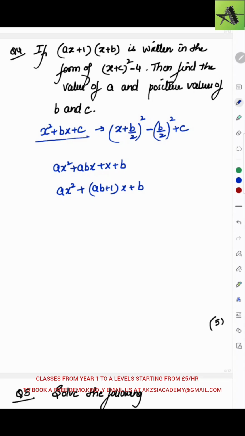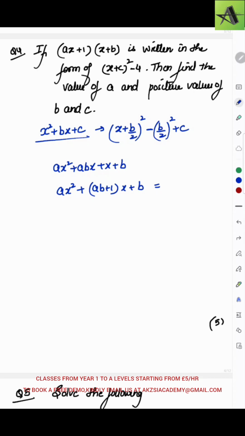If I put that in the formula, this is written in the form of this one: (x plus c) whole squared minus 4. Either way you can work. Either you can convert this into the form and compare it, or you can expand this one and compare it. Both will work. I think in this case, if we expand both the sides, it would be much easier.